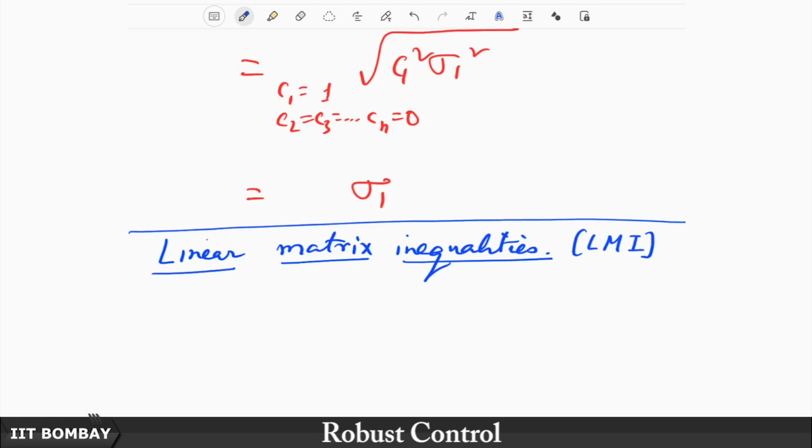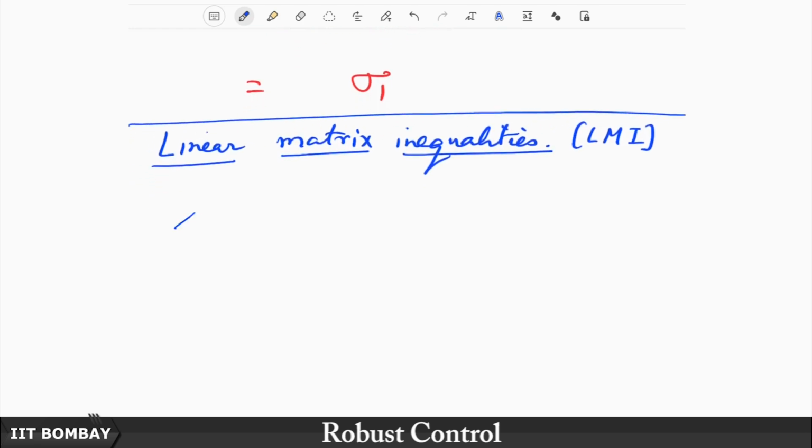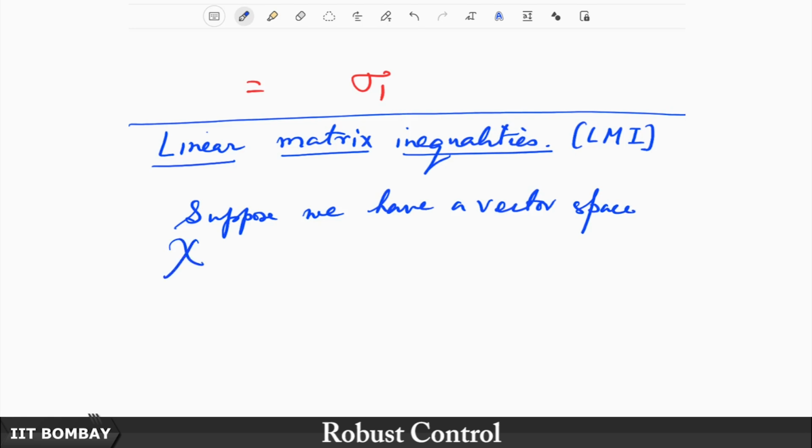Okay, so what is a linear matrix inequality? Now suppose we have a vector space, say X, curly X, whatever we call it.